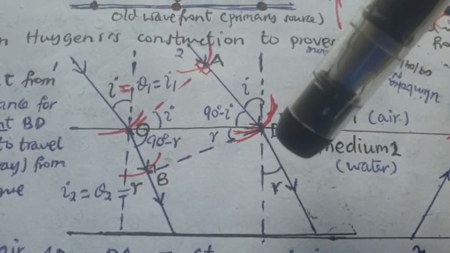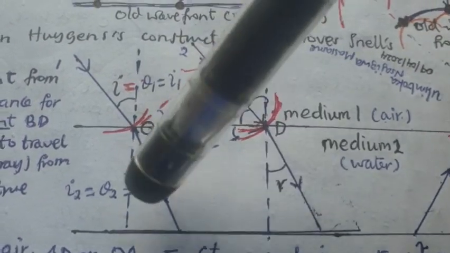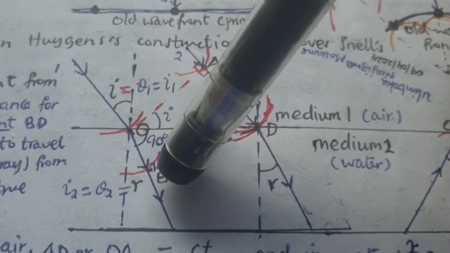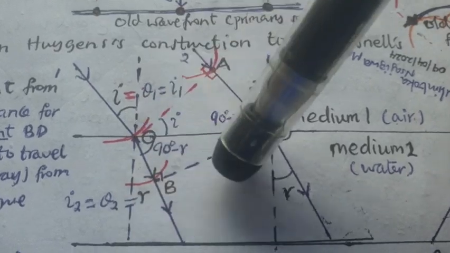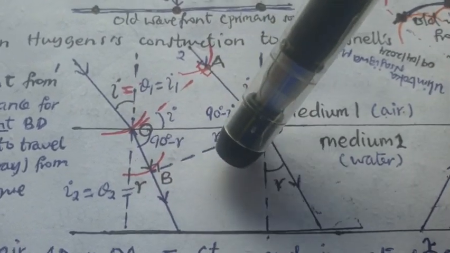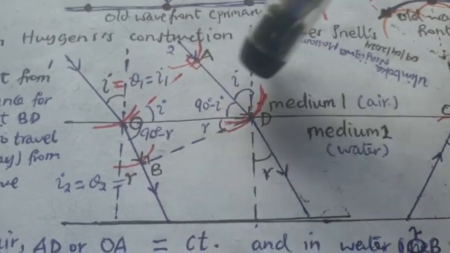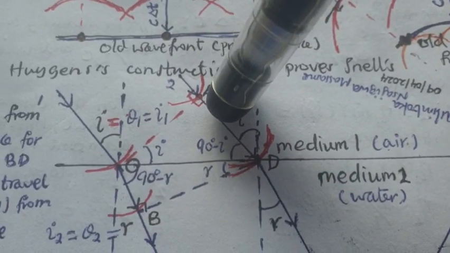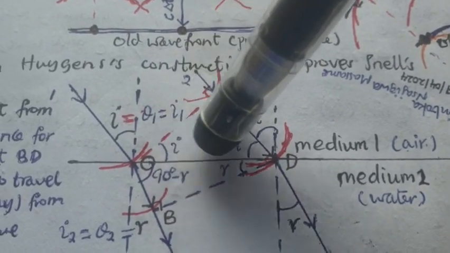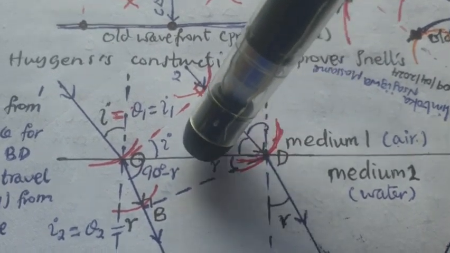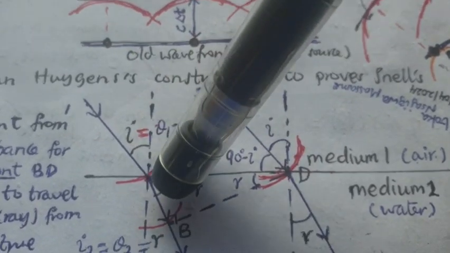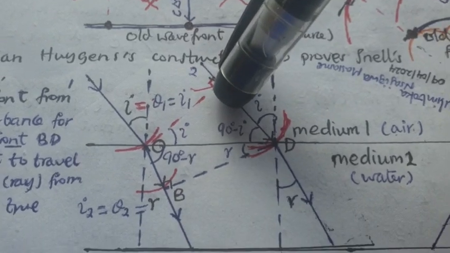Here this normal is 90 degrees, so we have 90 degrees minus r, and finally here we have r. For the upper triangle in medium 1, because this normal is 90 degrees, this is 90 degrees minus i, and this is i, and this is the tangent also.